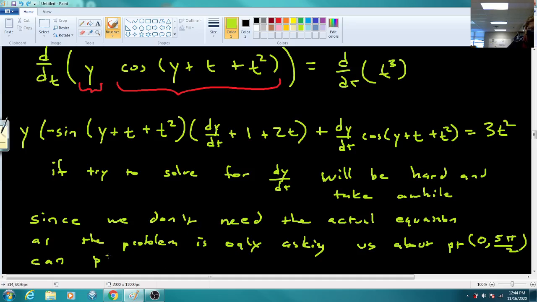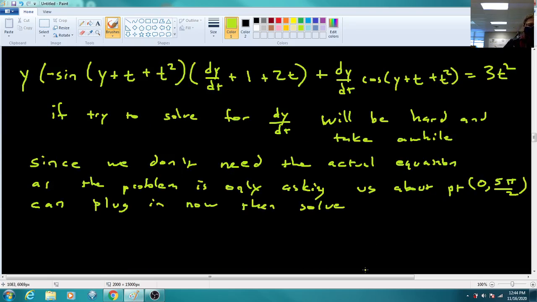So we can plug that in now and solve, and that'll be easier. If the problem asks you for the actual equation, or you have multiple points, don't do this because it's going to take a lot more time. But if you're only interested in one equation evaluated at a point, we can plug in here, and since we'll have numbers replacing the symbols, some of that stuff will simplify down, and then we can solve out the remaining stuff. So zeros replace t's, 5 pi over 2 replaces y's.